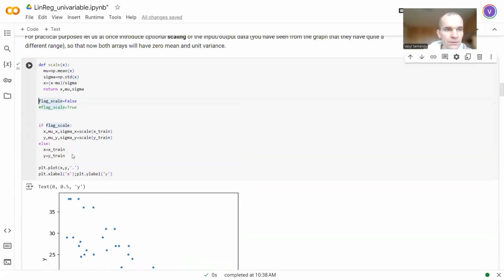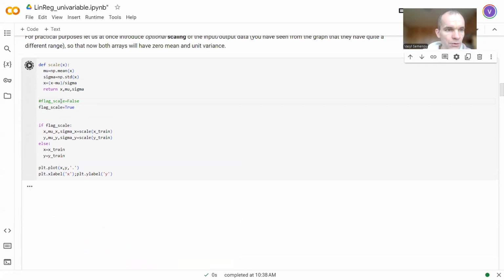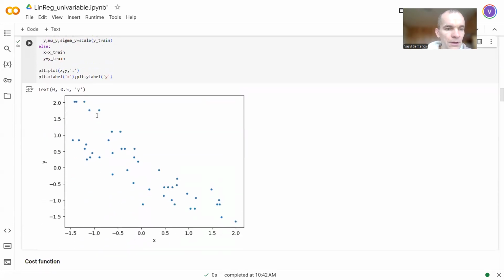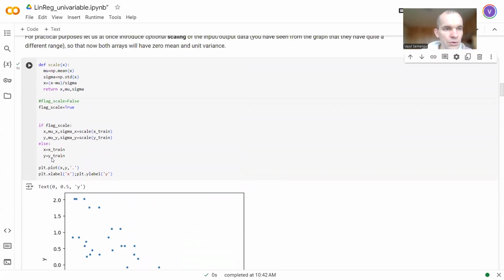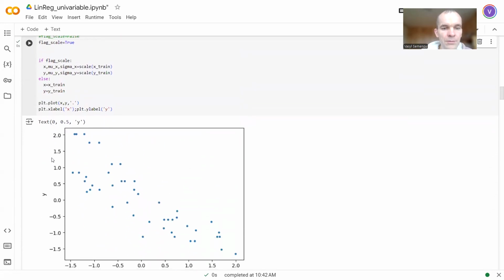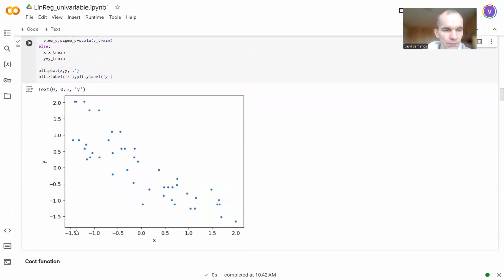So it's instructive and very useful to scale our data. It's important in many different kinds of machine learning problems. If we make this scaling, now you can see that X and Y have the same range of values, approximately from -2 to 2.